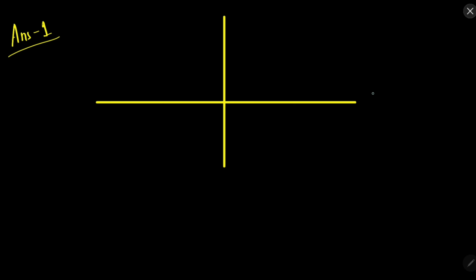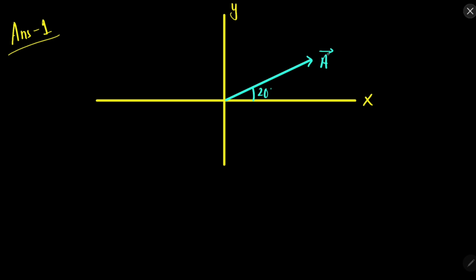So for the first question, let's first try to draw the diagram. Let's say we have two axes, this is our x axis and this is our y axis. It is given that A is making 20 degrees with the x axis, so let's say this is approximately 20 degrees, and B is making approximately 110 degrees.